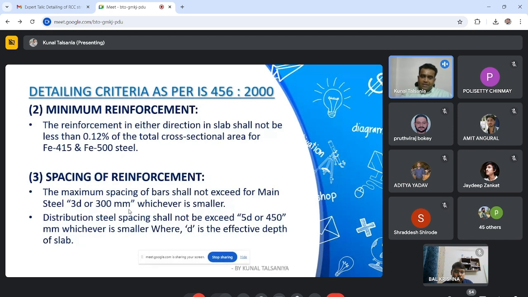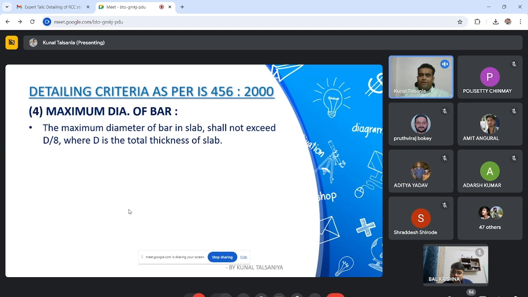Now we will see the spacing of reinforcement. For spacing, the code has suggested that the maximum spacing of main bars shall not exceed 3d or 300 mm, whichever is smaller. Distribution steel spacing shall not exceed 5d or 450 mm, whichever is smaller. d is the effective depth of the slab. Next, the maximum diameter of bar.